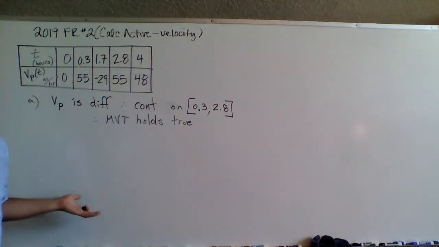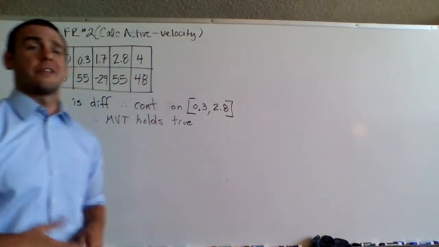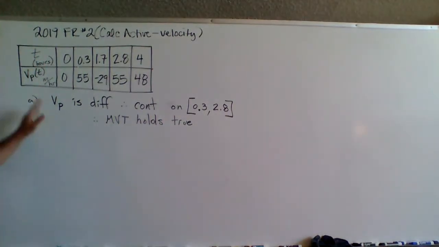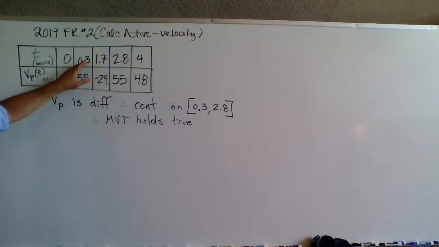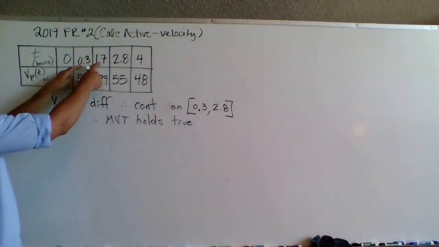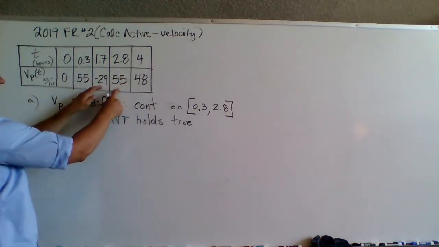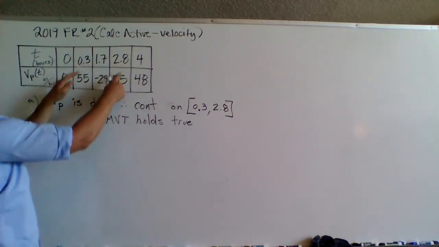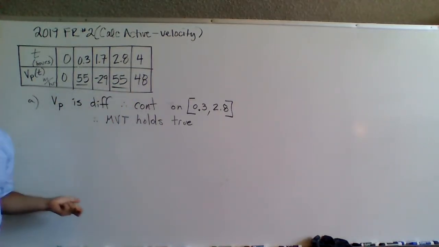Okay, so I'm really looking, is my derivative ever going to be equal to 0? Which is an easy one to figure out because my values for V of P need to be the same. Remember, if it's from 0.3 to 2.8, I could be looking from 0.3 to 1.7, or 1.7 to 2.8, or 0.3 to 2.8. This one stands out in my mind, that these are going to be the same.